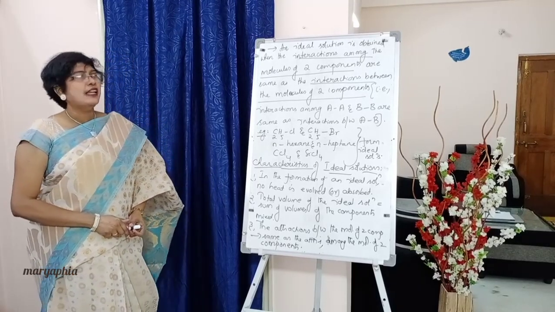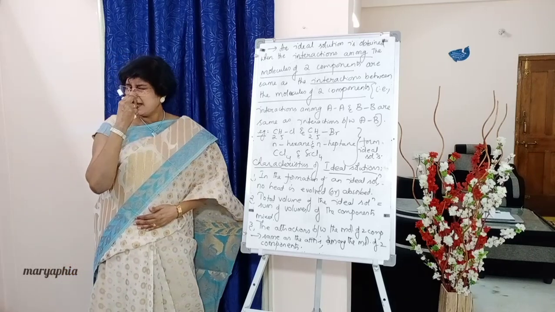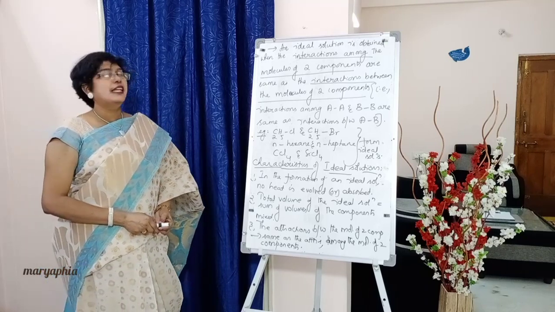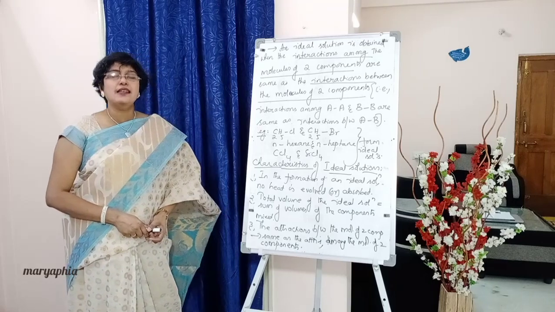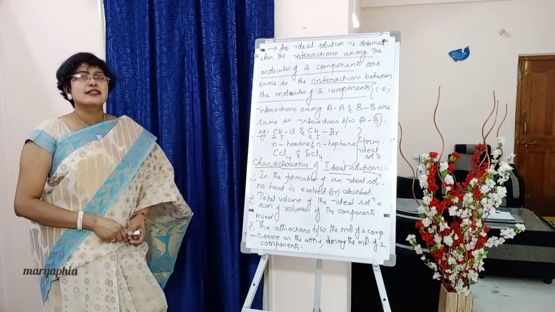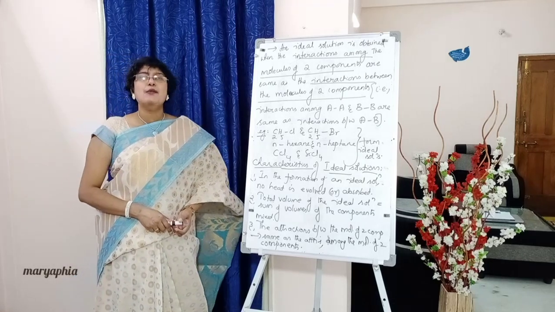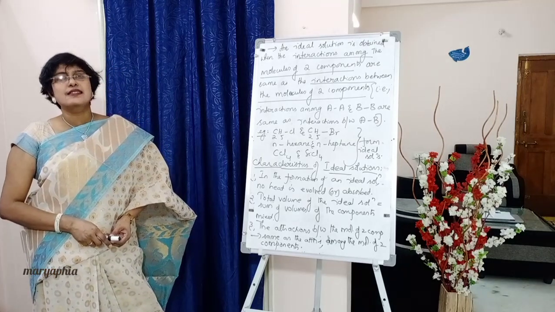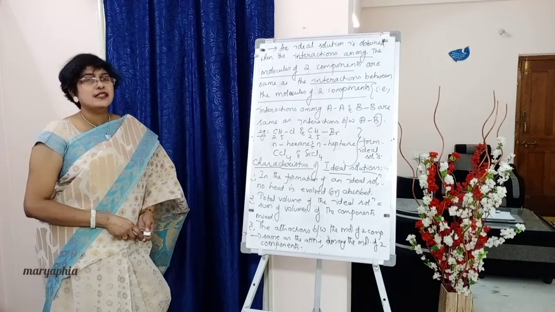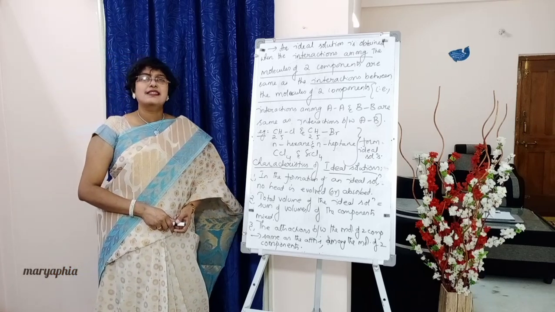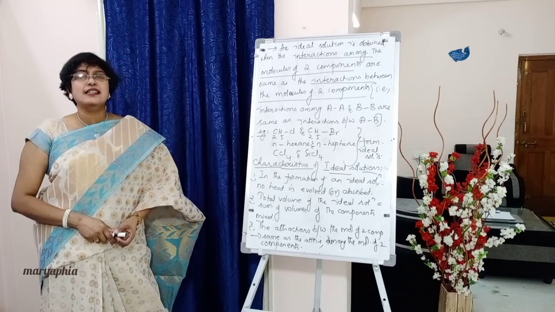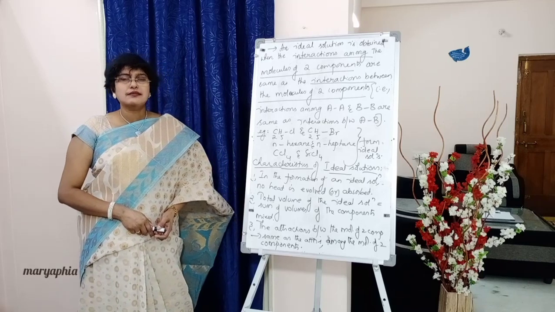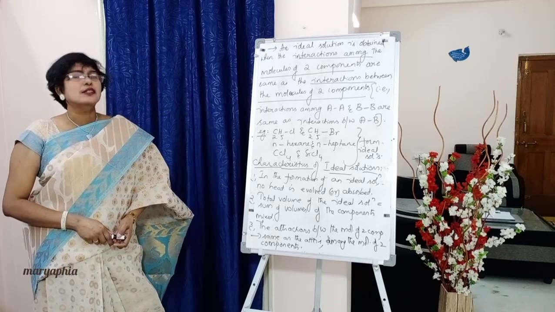Next, below write down students. Continuation. An ideal solution is obtained when the interactions among the molecules of two components are exactly the same as the interactions between the molecules of two components.